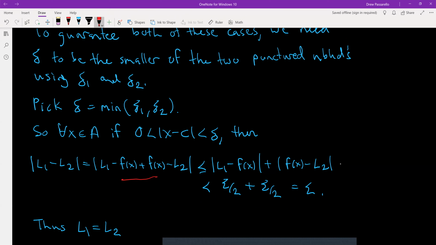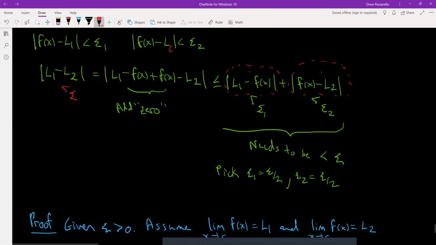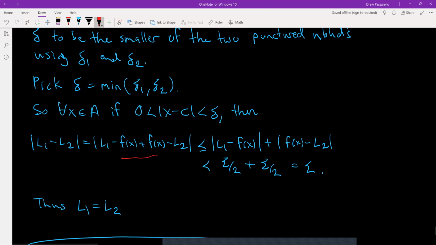And each one of these is less than epsilon over 2. So we add epsilon over 2 plus epsilon over 2 to get epsilon. So therefore L1 equals L2. So the limit is unique. All right, so that's the theorem, and this was the proof for that theorem.